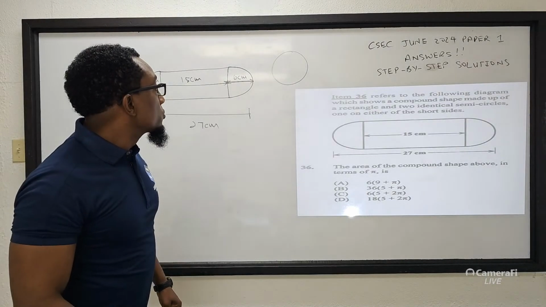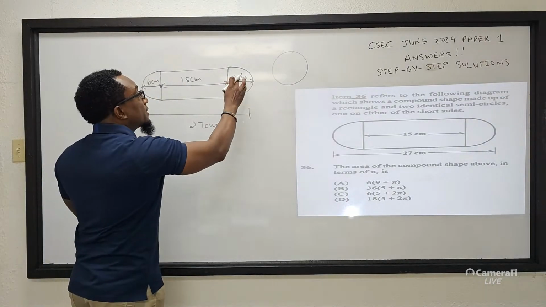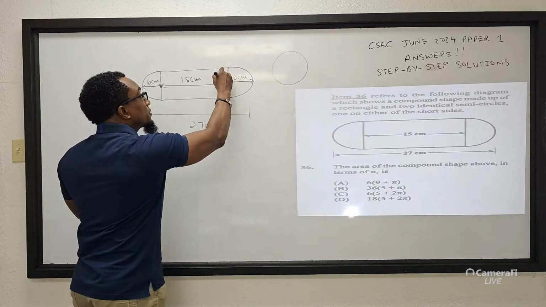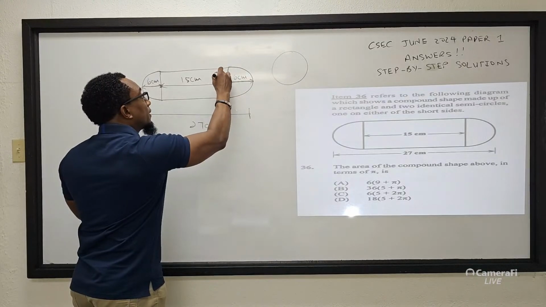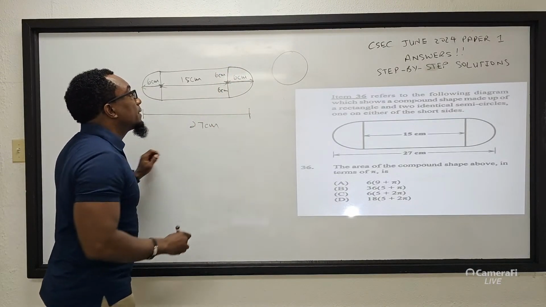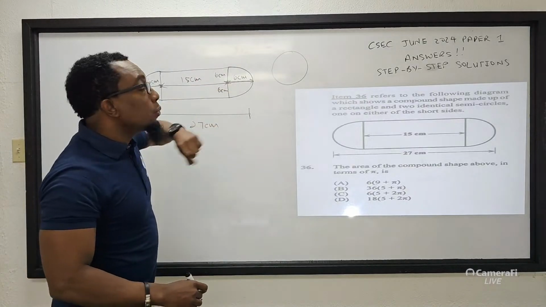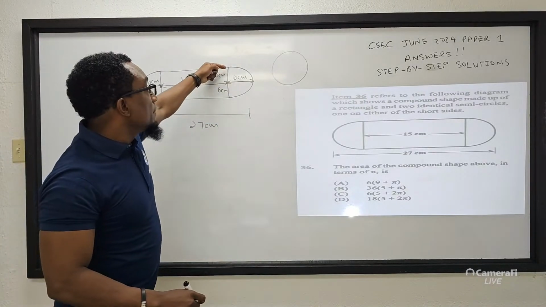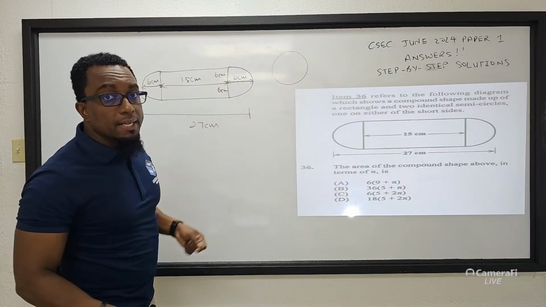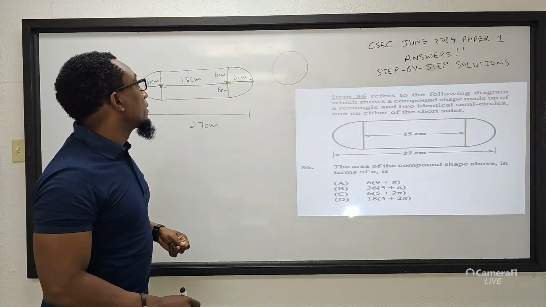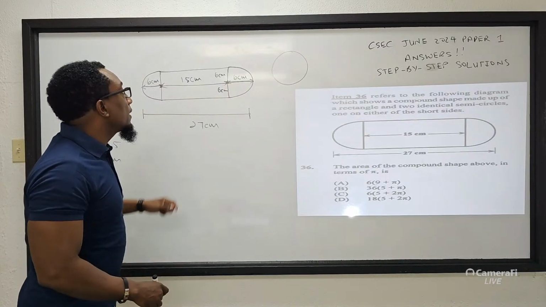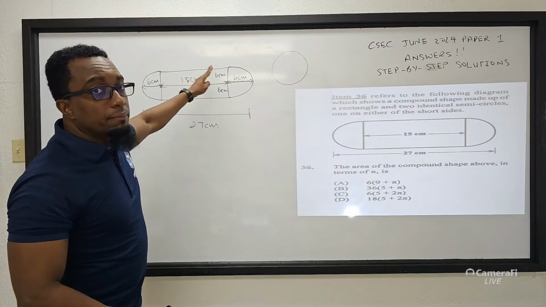So if this is 6, this is also 6 centimeters. So the diameter of that semicircle will be 12 centimeters. Diameter is the line drawn from here to here, that's 12 centimeters.